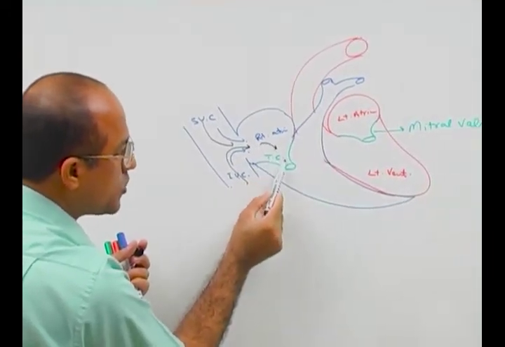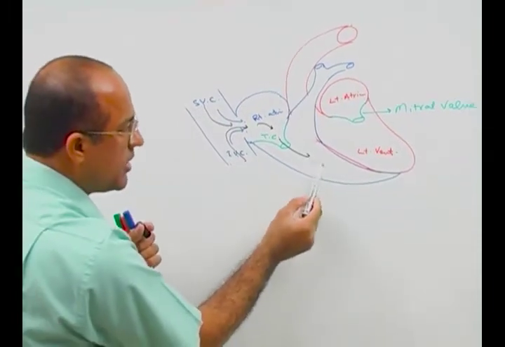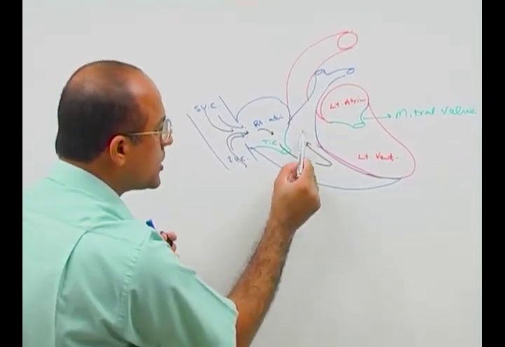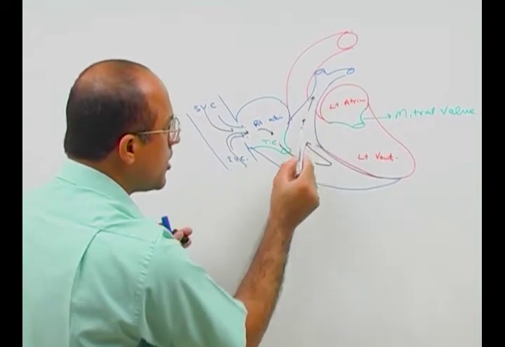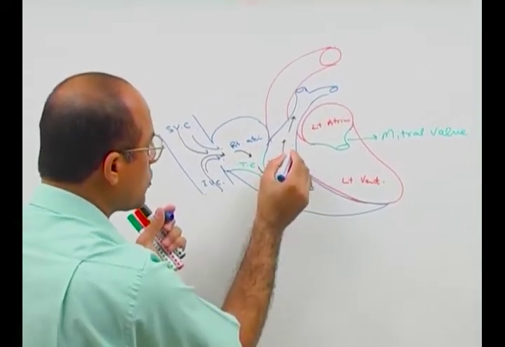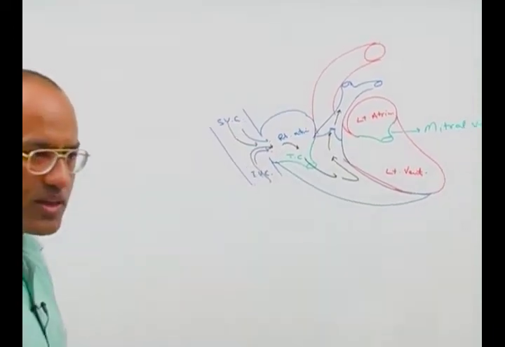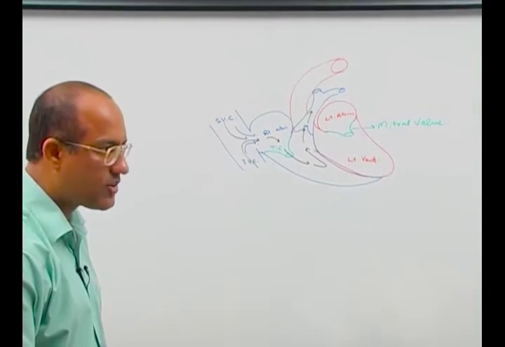From the right atrium, through the tricuspid valve, it comes to the right ventricle. From the right ventricle, it is going out through the pulmonary artery. And while it is going out, it has to pass through a valve here. And what is this valve? Pulmonary valve. Is that right?